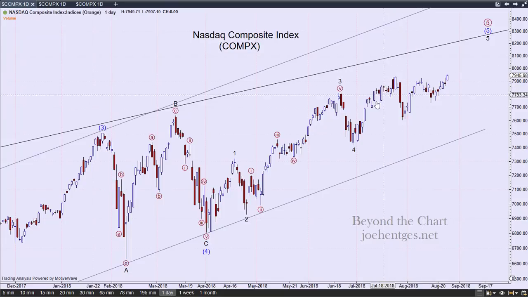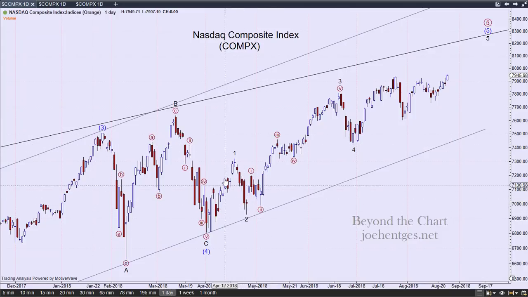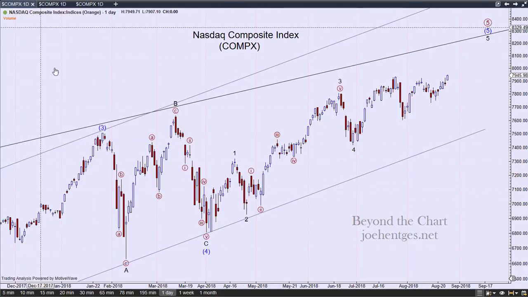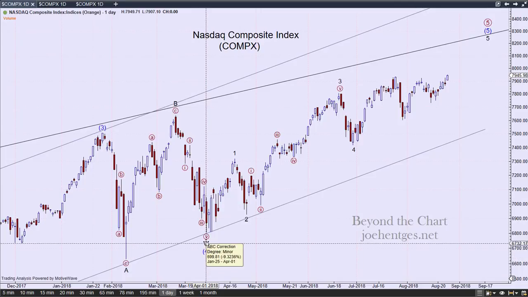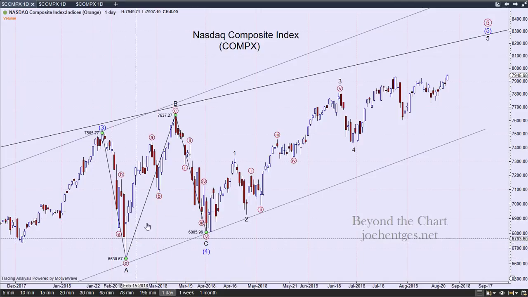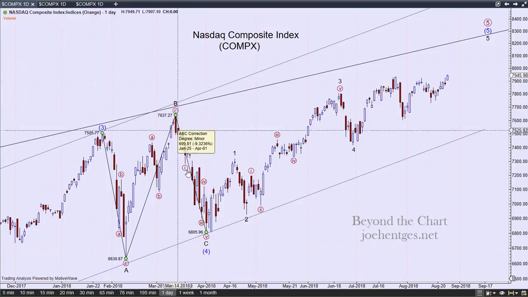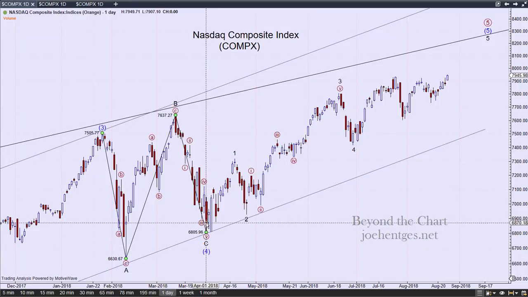All right, let's talk about this. The main difference between my preferred scenario and my alternate scenario is where does wave 4 end. So right now, this is a flat for wave 4, what I call an ABC flat, and it ends here on April 2nd. This is my preferred count.